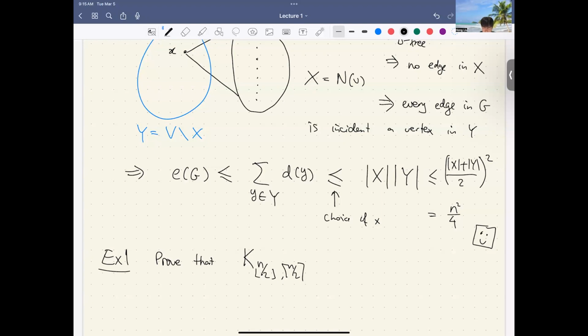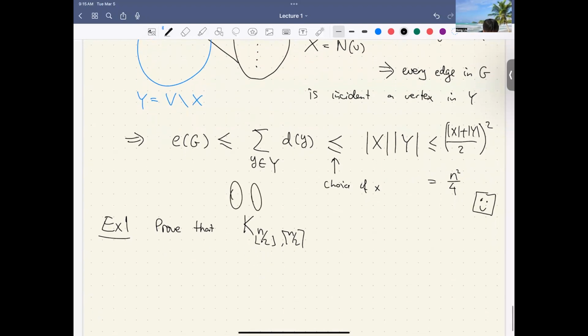This is a complete bipartite graph, remember? It looks like this. Is the unique maximizer. Sometimes people also call it the extremal graph for this problem, for the triangle containment problem. Okay.